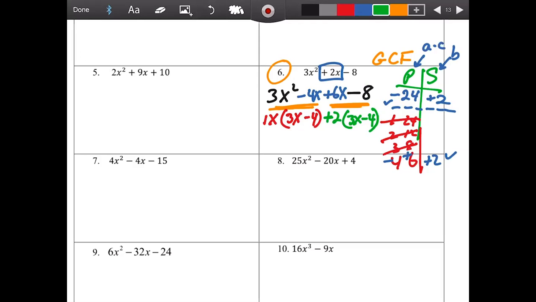So I have my two groups. Both groups have parentheses with 3x minus 4 in them. So we're going to call 3x minus 4 in parentheses my greatest common factor for the two groups. If I take the 3x minus 4 and divide it out of that first group, what's remaining?